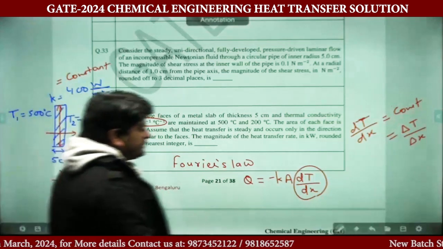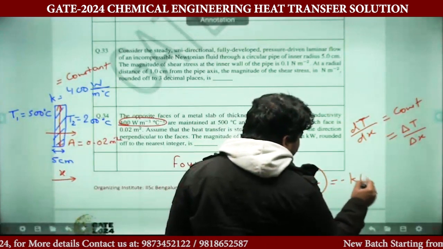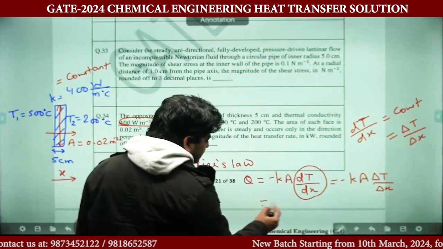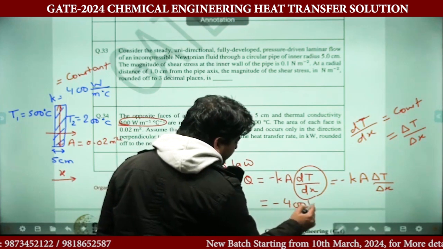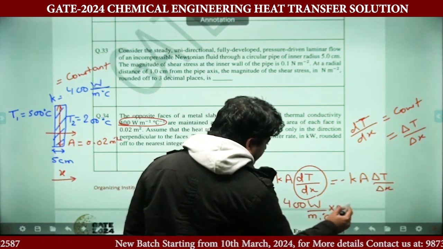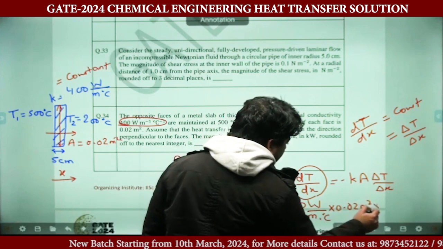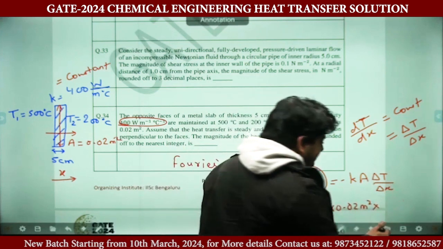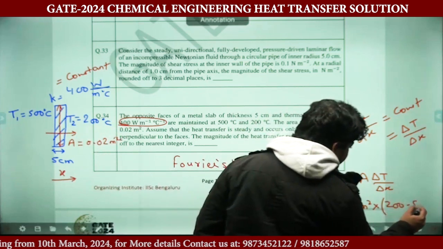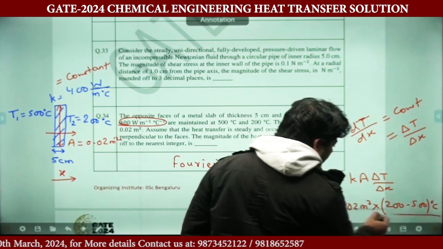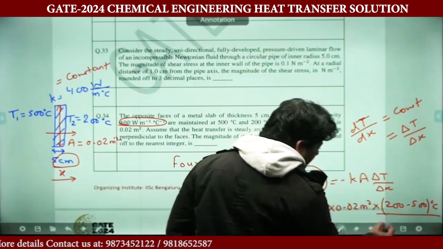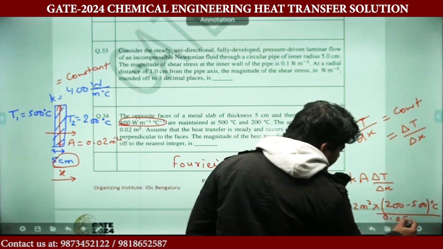So when you put these values, the equation will turn out to be something like this. Here you can put the values. K is 400 watt per meter per degree Celsius. Area is 0.02 meter square. Delta T means T2 minus T1, 200 minus 500 degrees Celsius, over delta x, which is 5 centimeter, or you can write it as 0.05 meter in SI system.